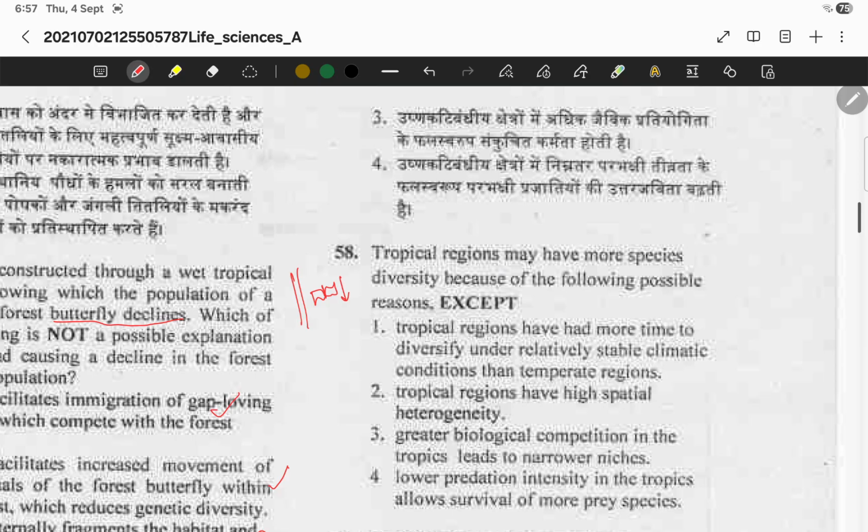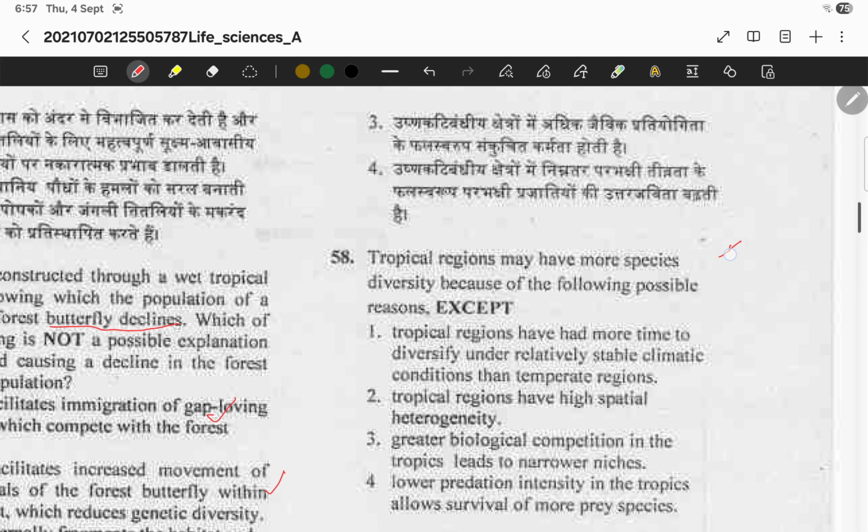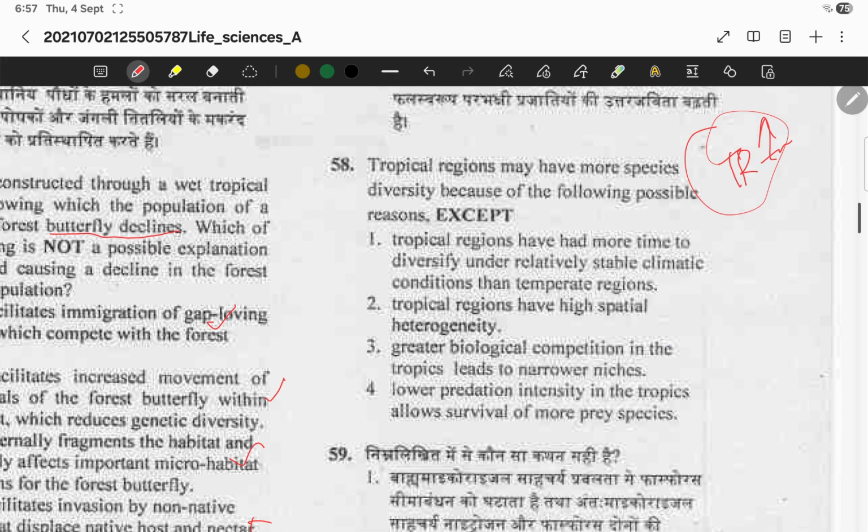Tropical regions may have more species diversity because of the following possible reasons, except. Tropical regions have had more time to diversify under relatively stable climate.